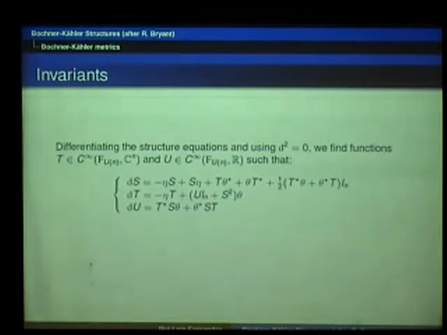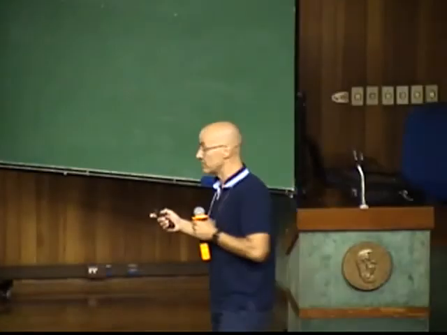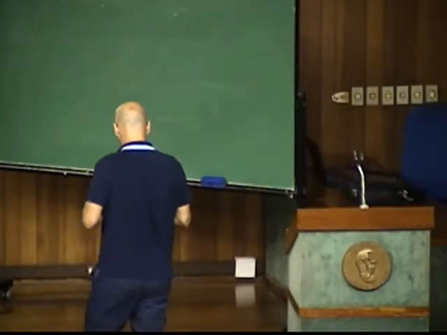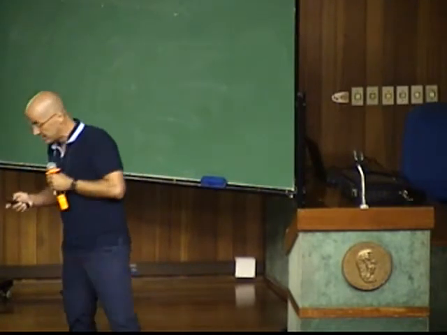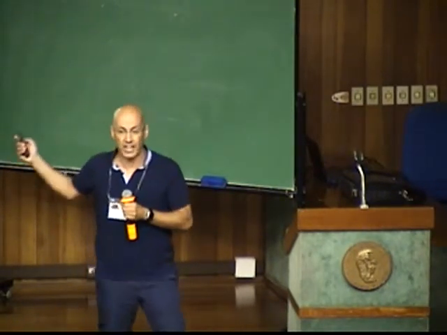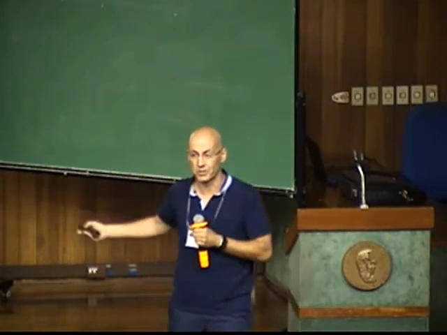And now if we differentiate again, this function t has differential with an expression where again a new function u appears, which now takes values in R. And finally, if we differentiate u, this thing closes, which is very nice. And in general, that will not happen. So the word finite type that appeared in the first slide has to do with that, with the fact that this has closed and stopped there. Okay?